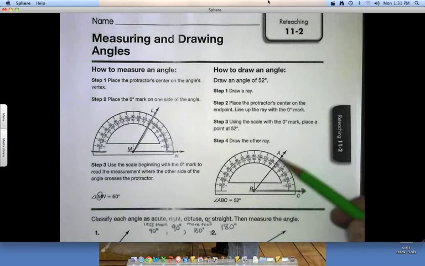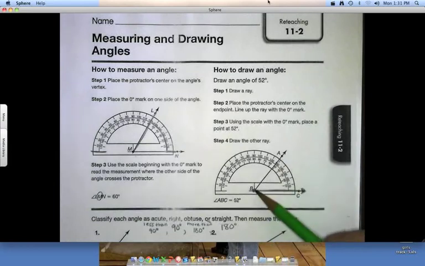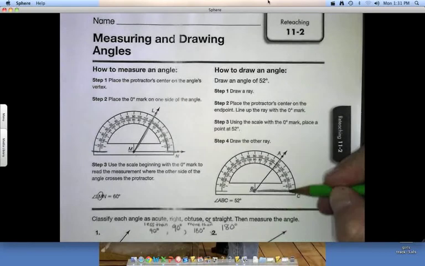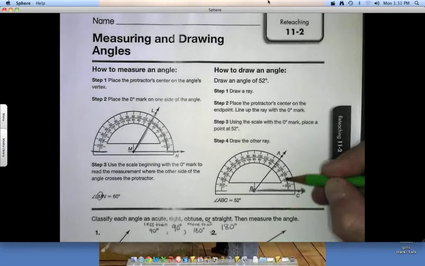So right now you have to pretend that this isn't here. So here's our ray. Put the center of the protractor at the vertex, or on the endpoint B. Line up your protractor so that ray BC is on 0. Use your protractor then to go up to the desired angle, which is 52.